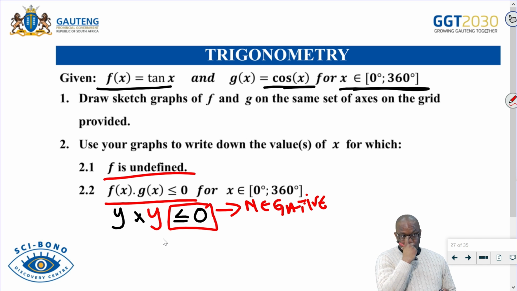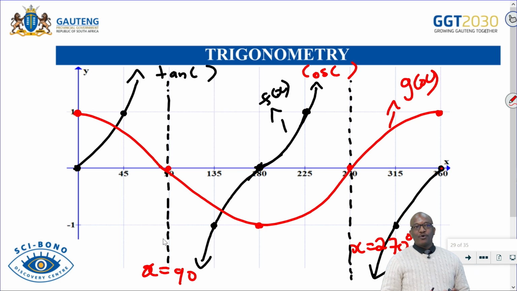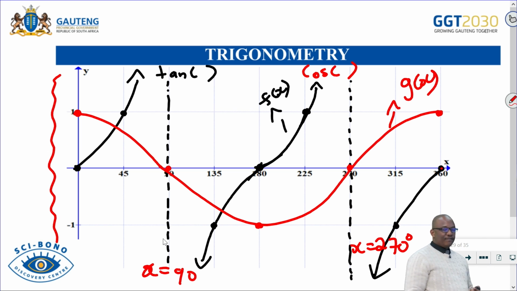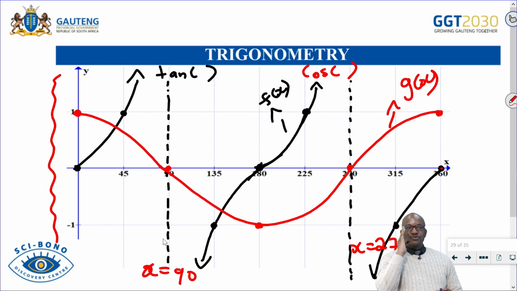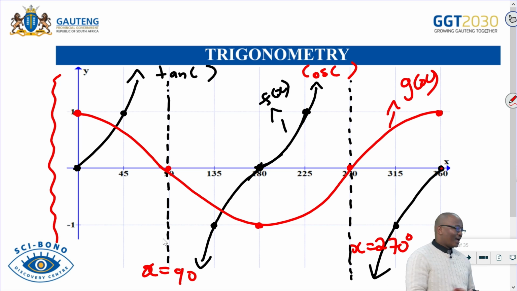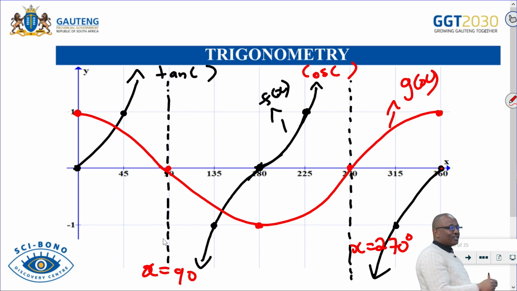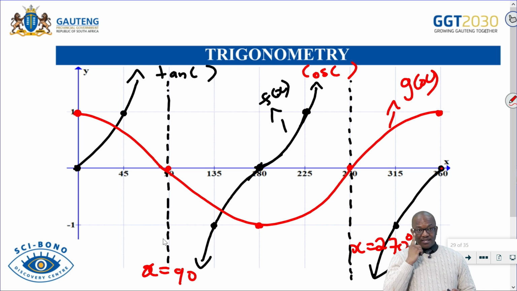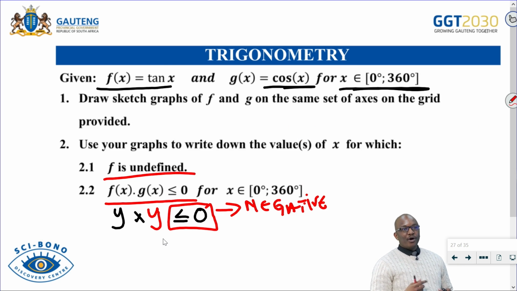So, how are we going to interpret this? We are going to interpret this looking at the y values. Y values of what? Y values of tan and the y values of cos. We are going to determine this using the y values, but we are looking for the x values. It's like now we are saying the x's are the independent and the y's are the dependent. So now, how are we going to do this?